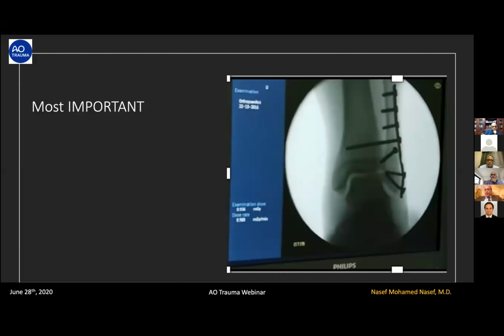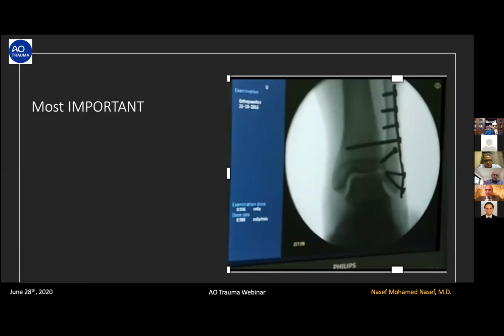I usually start from the lateral side, except if the talus is not reducible in the mortise. If the talus is not reducible, then the deltoid ligament is inverted inside the ankle joint, preventing the talus from being centered. Then I open medially first to clear the medial space for the talus. But if the talus is reduced, then I usually start with the lateral side. I don't know if all the other panelists agree with this.